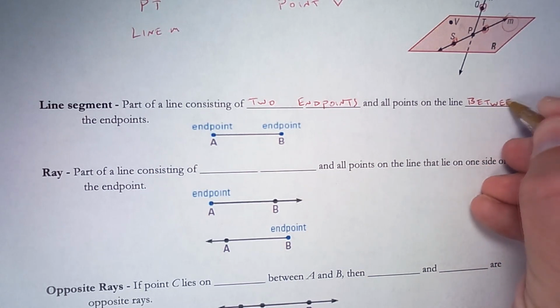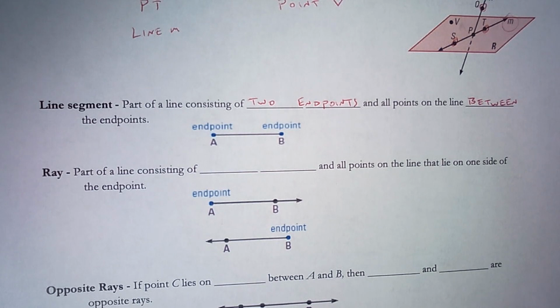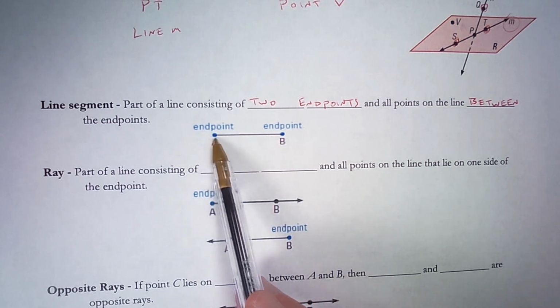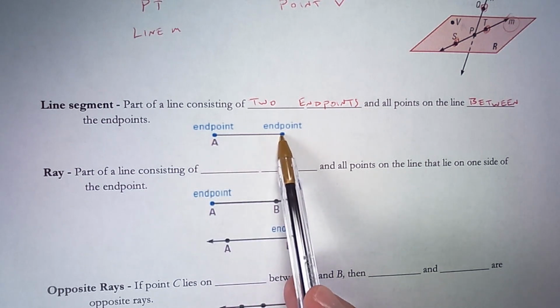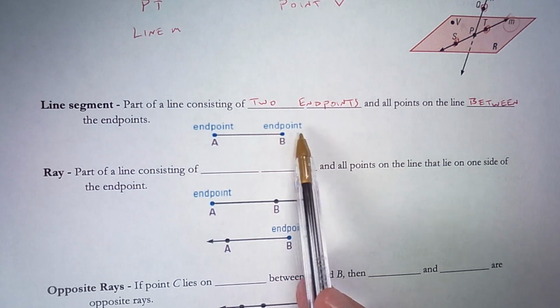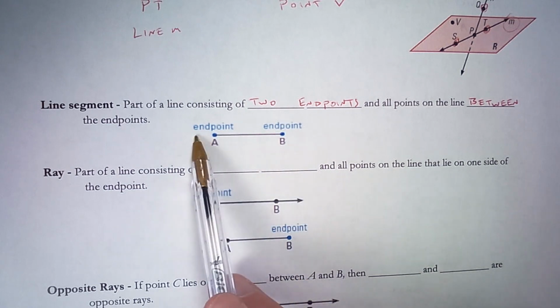Now remember, points have no dimensions. They have no length, no width, no height, which means that along here there's actually an infinite number of points that fit between points A and B. So a line segment has the 2 endpoints and an infinite number of points that fit between them, but no points that go beyond them.